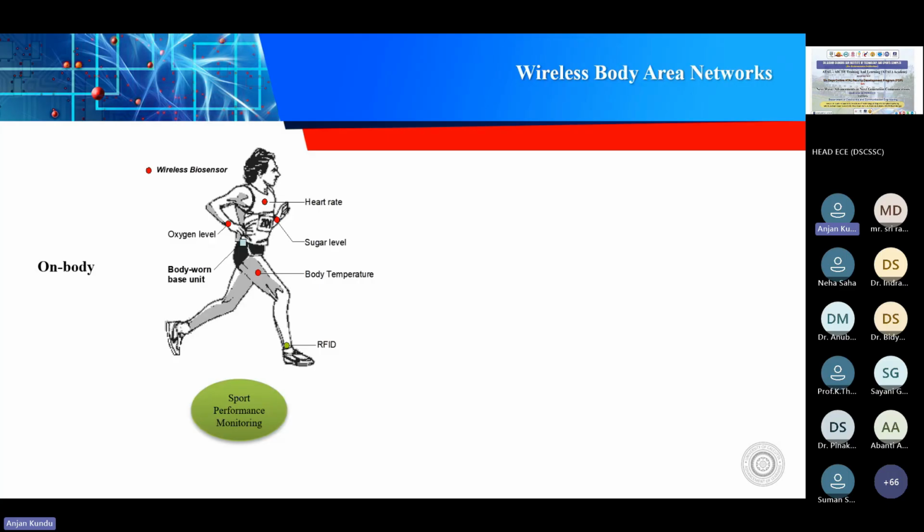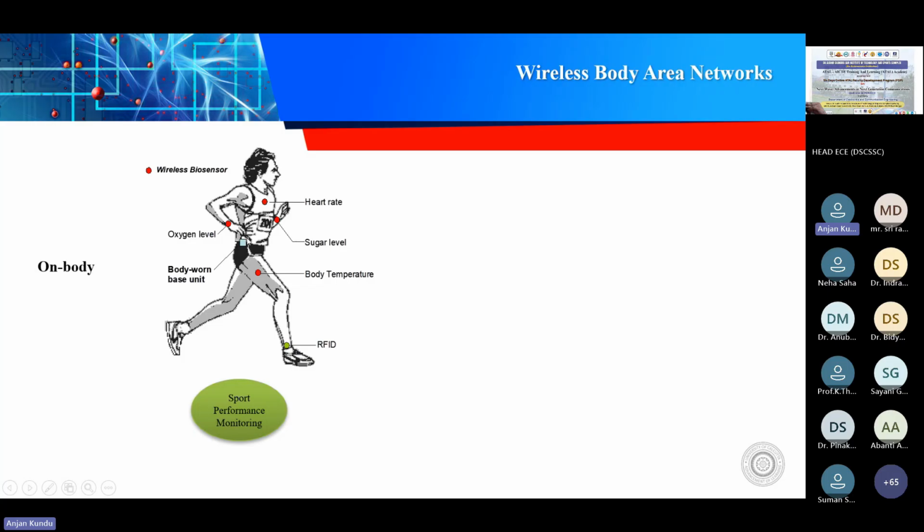pictorial representations. Particularly for a sports person, we need on body WBAN or on body IoT. Lots of sensors are placed over a sports person. They collect the vital parameters of that sports person, and the collected data is sent through this unit, known as the body one base unit.